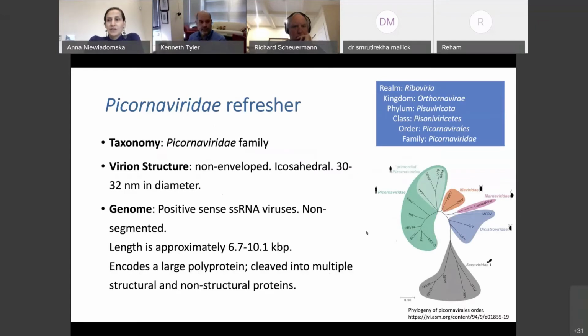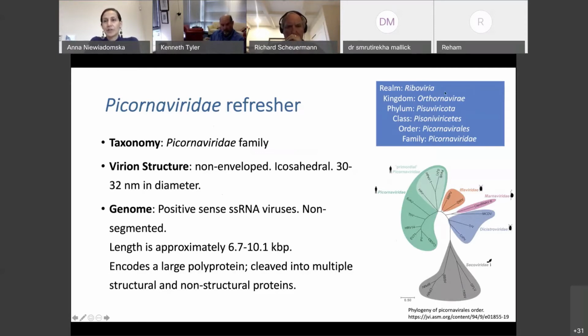So getting started now on Picornaviridae. This is quite a large family, and it's one of my favorites. It's one of the first viruses that I ever worked on, which kind of got me hooked into virology. There's quite a lot here, and they are part of Riboviria.